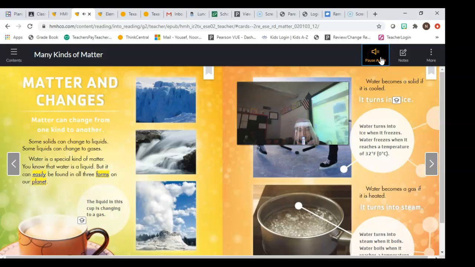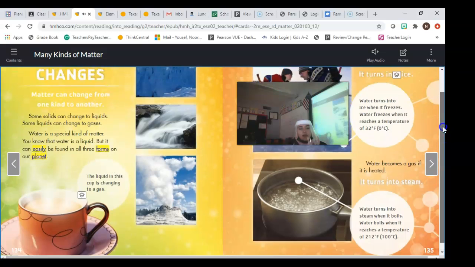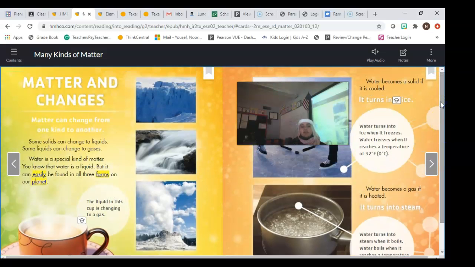The liquid in this cup is changing to a gas. So they talk about how water can be found on our planet in three different forms. Who can give me an inference, or tell me why you think the author included these pictures on this page? Why do you think, Jacob H., that the author included these pictures on this page?